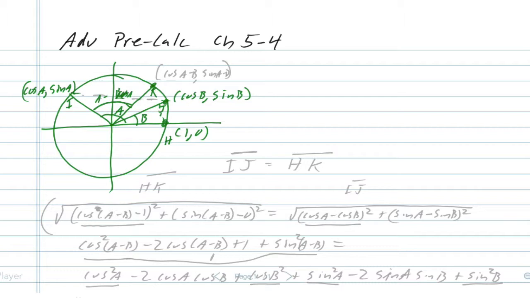And then somewhere in between the two of them, and this will not be to scale, I'm going to put another line, and I'm going to call that angle A minus B. So if that's A minus B, this point is cosine (A minus B), sine (A minus B).